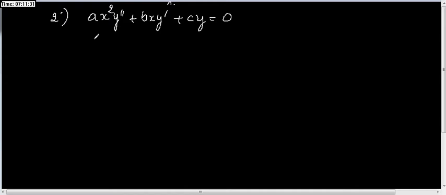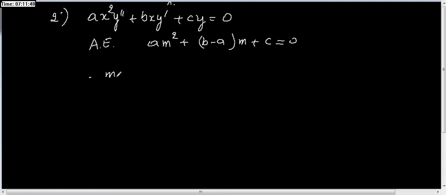Again, we'll have an auxiliary equation, but this time around it has a different shape. So a m squared + (b - a) m + c = 0. And then solving this quadratic equation, we'll have again three cases.